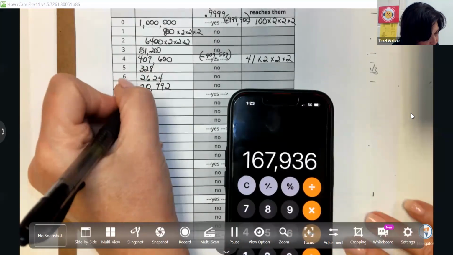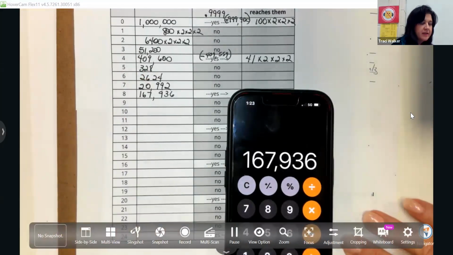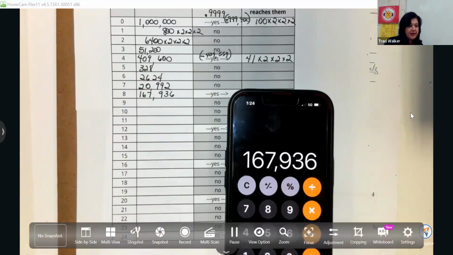In 8 hours, I have 167,936. Okay, so I've made a significant dent in my infection with just 2 doses.